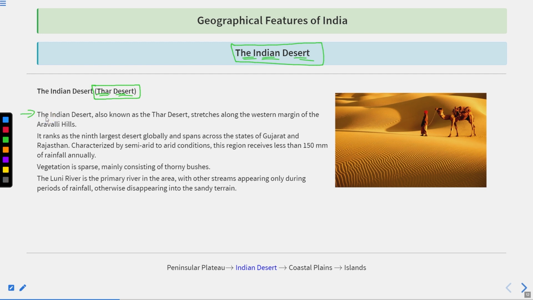The Indian desert, also known as the Thar desert, stretches along the western margin of the Aravalli Hills.